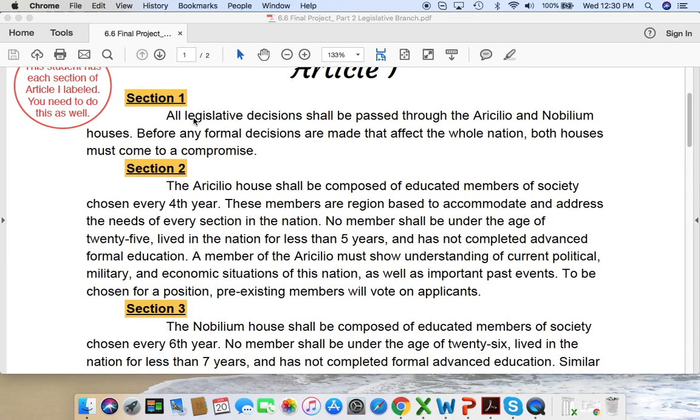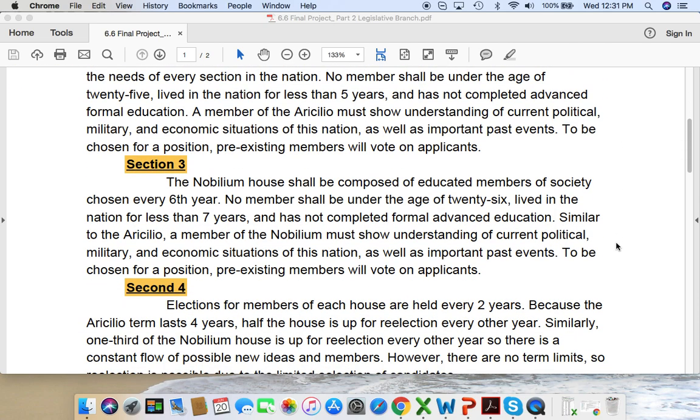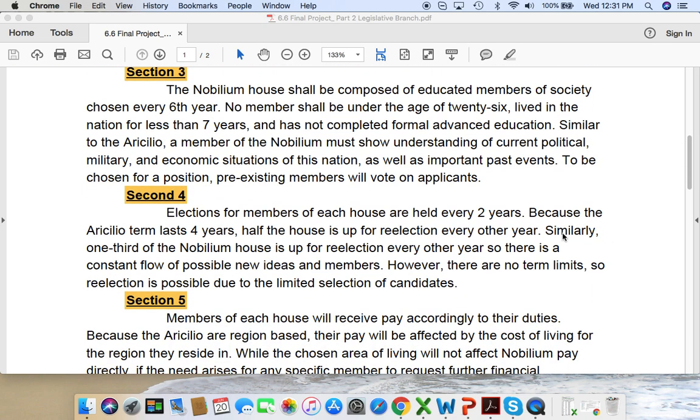I've highlighted it, and you notice it's a section 1, section 2. And you can see in section 1, they decided to have 2 houses, the Aracilio and Nobilium houses, and discusses that they have that. Then it talks about who's in them, the served terms. And there is a little spelling error there. Should have been section 4 instead of second, but the structure is there.